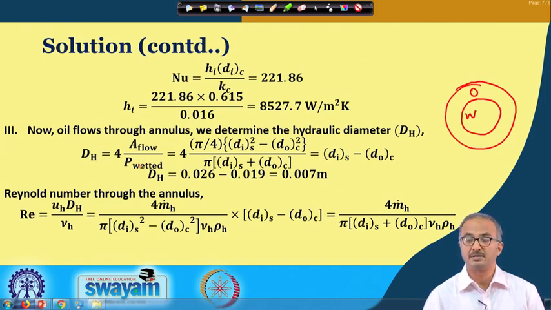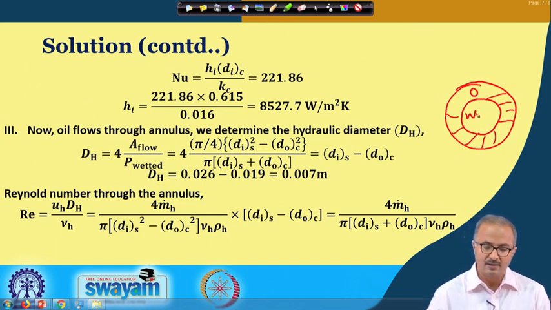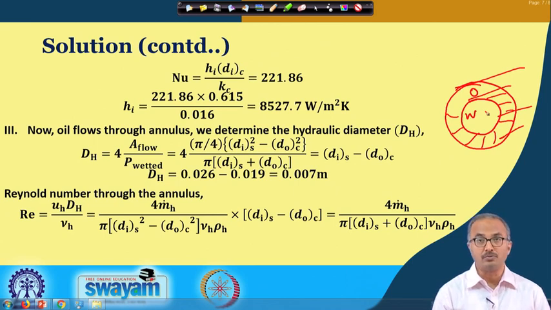Wetted perimeter is the perimeter which is wetted by the fluid. So here this is the area of flow, that means we have only this much area, and this area is obtained by subtracting the inner area from the total area. So this is pi by 4 times d_is squared minus d_o squared, that means the inner diameter of the outer tube and the outer diameter of the inner tube. This is the area available, and this is the wetted perimeter, where wetting is done on the inner surface of the outer tube and the outer surface of the inner tube.